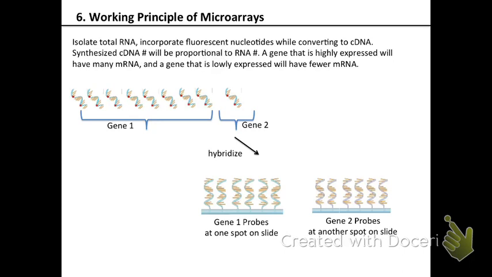You isolate your RNA, you're going to convert that to cDNA, right? And you're going to incorporate fluorescence during this process. What's one way you can do this? Any ideas? How can you incorporate fluorescence? Use reverse transcriptase with fluorescently labeled nucleotides.